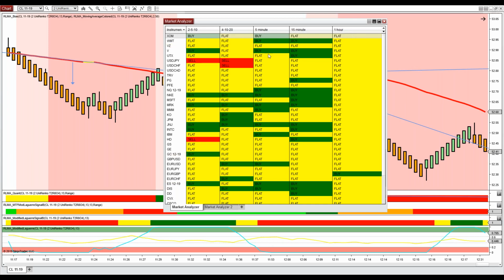It's all being done in this column. And it's looking at the quants on all those time frames, the money flow line. It's looking at the Laguerre on all those time frames. And it's creating the background bias. So all of these independent variables are going into the columns to provide you with an entry.